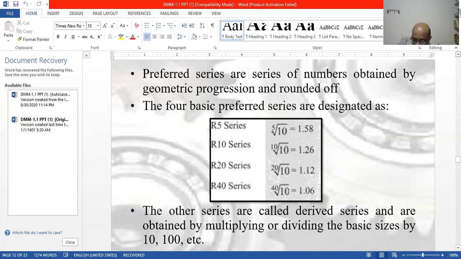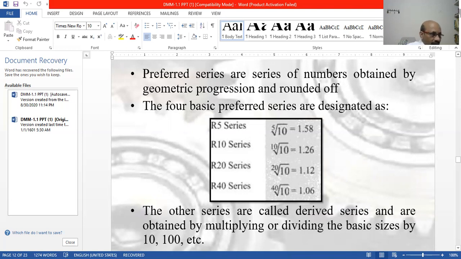When the tolerance is allowed on one side of the nominal size, for example 20 with an upper limit of plus 0.090 and a lower limit of minus 0.004, then it is said to be a unilateral system of tolerance. So tolerance is the maximum permissible variation in the dimension.